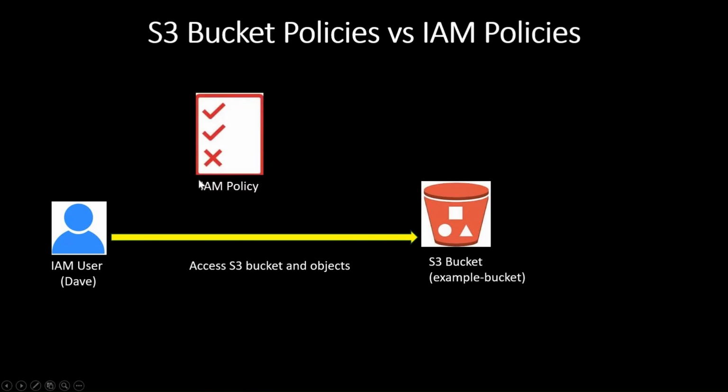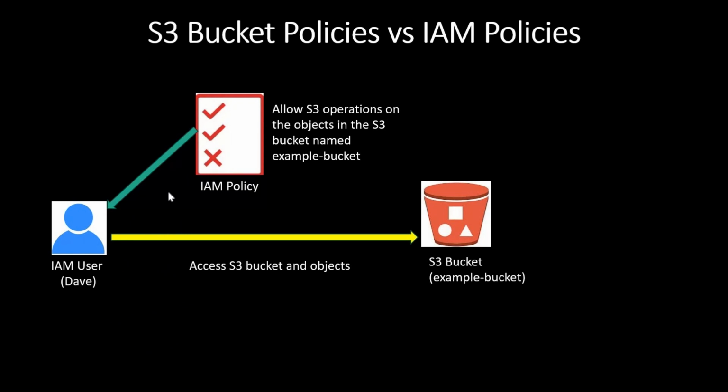We can create an IAM policy, and in the policy we will write the statements to allow S3 operations on the objects in the S3 bucket named example bucket, and we can attach this IAM policy to our principal, which is the IAM user Dave. In this way, by attaching the IAM policy, we can allow the user access to this S3 bucket.